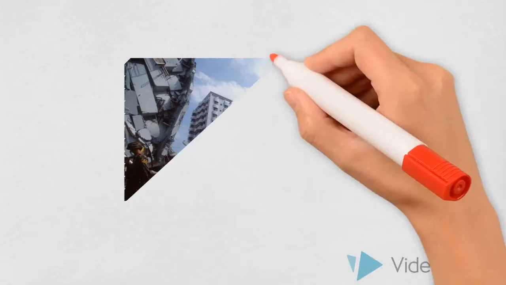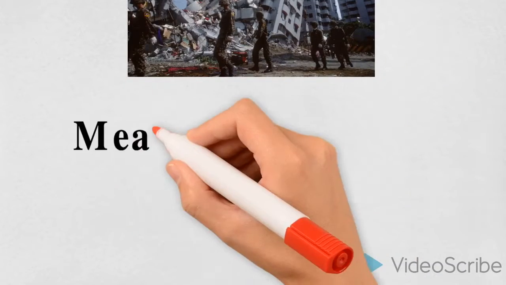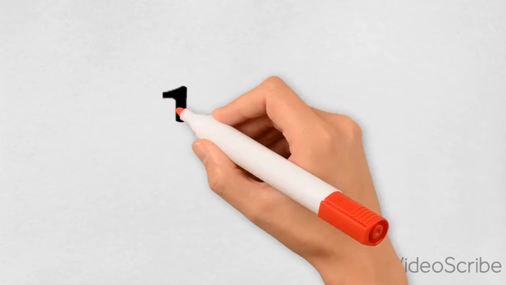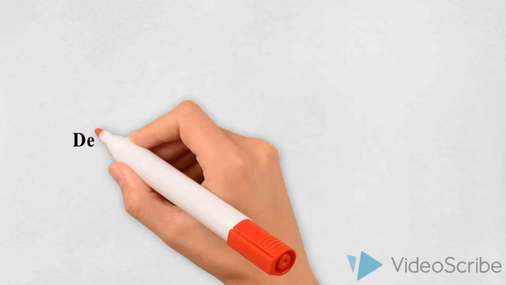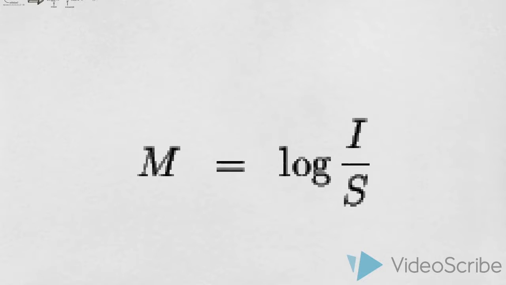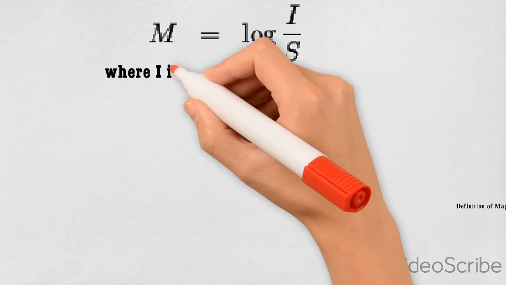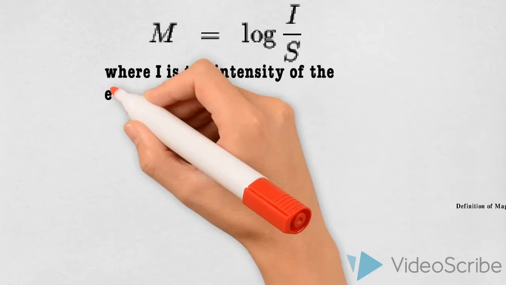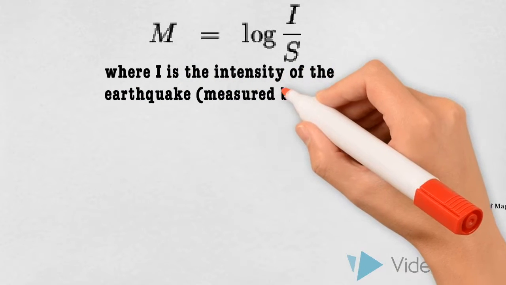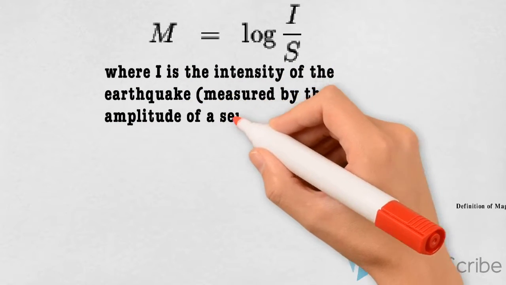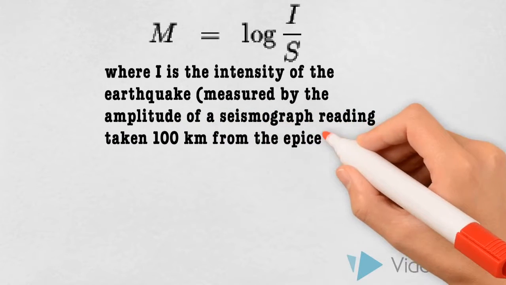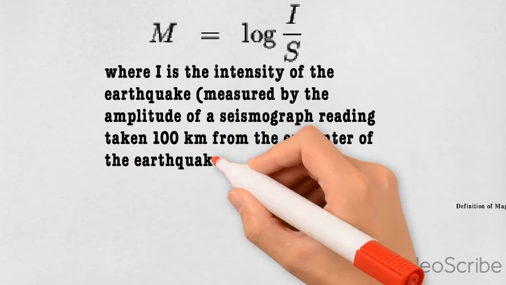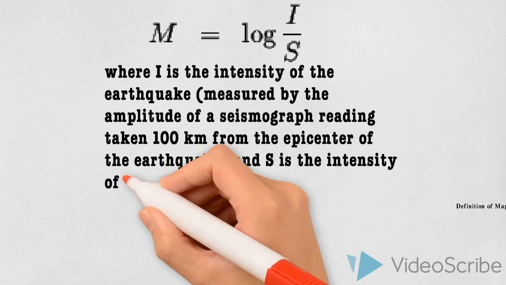Now let's talk about earthquakes and how we measure their intensity. In 1935, Charles Richter defined the magnitude of an earthquake to be M equals log I over S, where I is the intensity of the earthquake measured by the amplitude of a seismograph reading taken 100 kilometers from the epicenter of the earthquake, and S is the intensity of a standard earthquake whose amplitude is 1 micron equals 10 to the power of -4 cm.